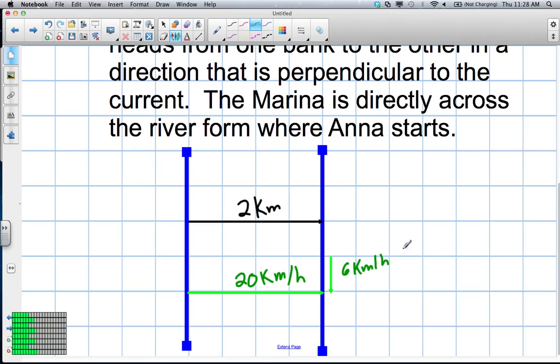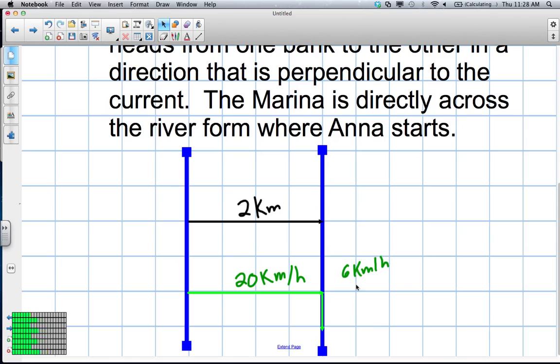Luckily I've color coded this for us, but we've got to create a triangle out of one of these situations. The one that I have enough information for is the one that has to do with speeds. We know at 20 kilometers an hour she's heading across the stream, and the stream itself moves at 6 kilometers an hour. So we're going to be putting these vectors together, okay?